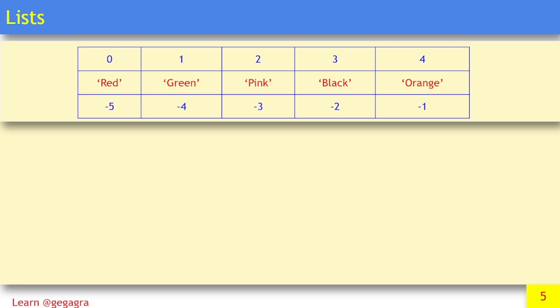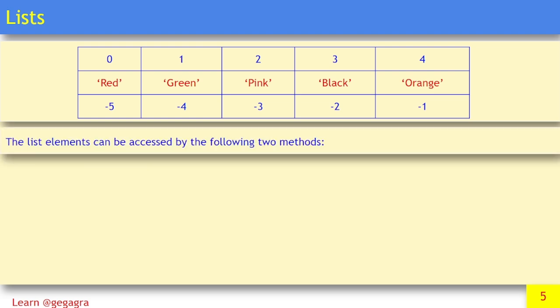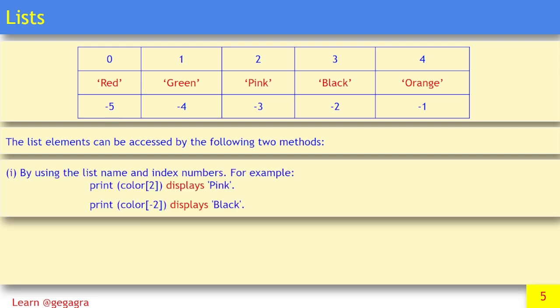These lists can be processed using methods. There are two methods by which we can access the elements of a list. The first method is by using the list name and index number directly. For example, if I say print color[2], it displays the element of index 2, which is pink.